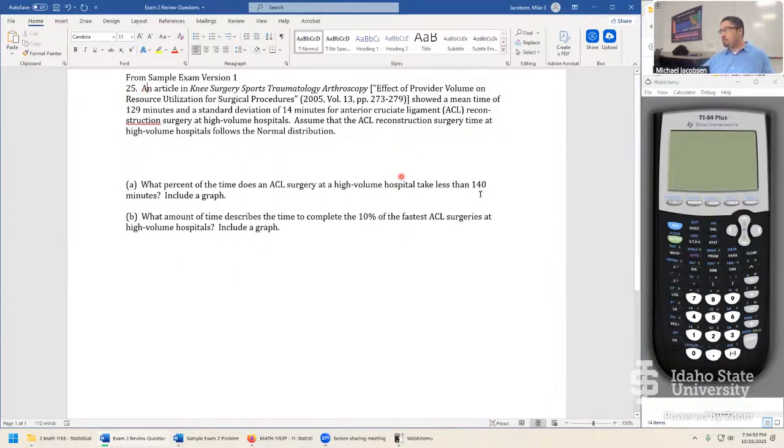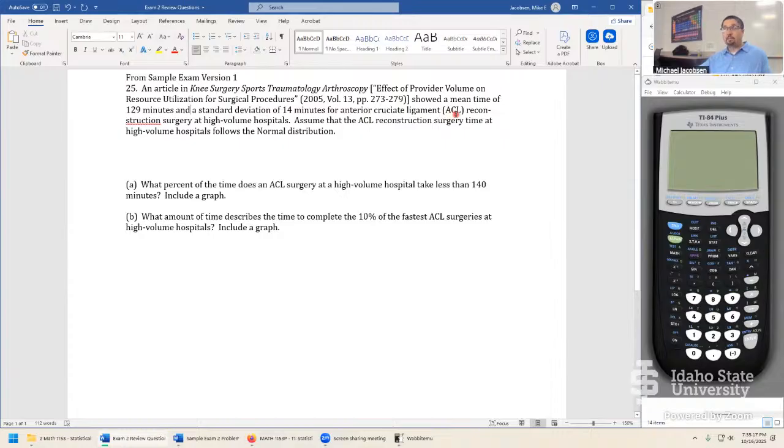It says an article in Knee Surgery, Sports Traumatology, Arthroscopy, so big title there, talked about the effects of provider volume on resource utilization for surgical procedures. And it showed a mean time of 129 minutes and a standard deviation time of 14 minutes for ACL reconstruction.